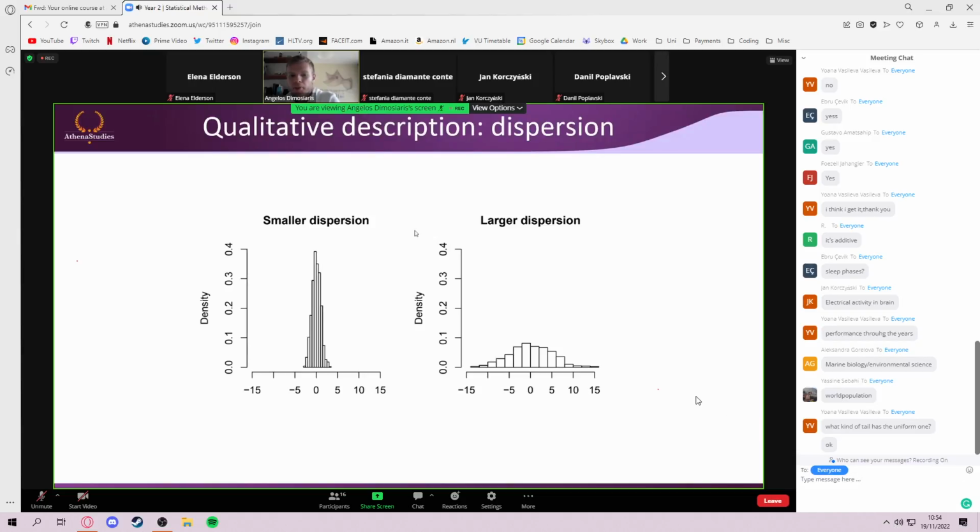All right, that was the location. And now let's talk about dispersion or variation. It's another word for exactly the same thing. Here we have exactly the same x-axis: 0, -5, -15. I don't know why -10 is missing here. So we have around 0 and steps of 5.